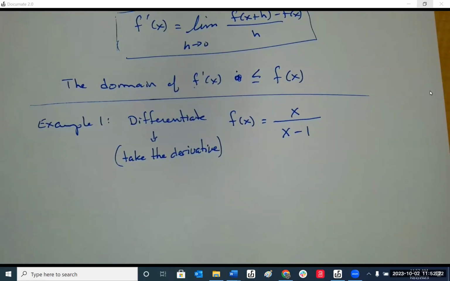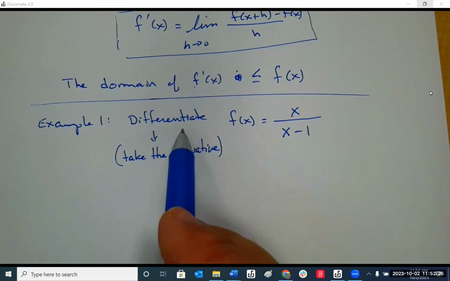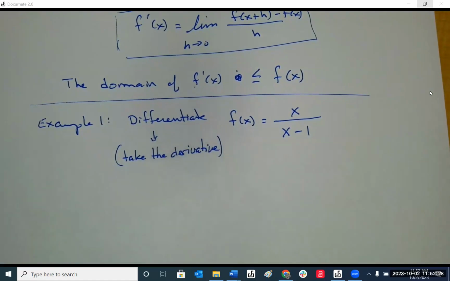But now, let's talk about what it means. If a function is differentiable, that means you can take a derivative of it. If you can take a derivative of it, that means it has to be continuous. That's important. So a derivative has to exist only if the function is continuous.